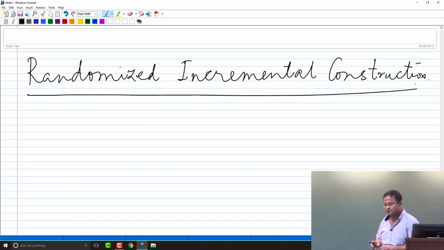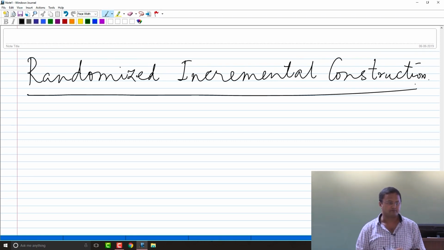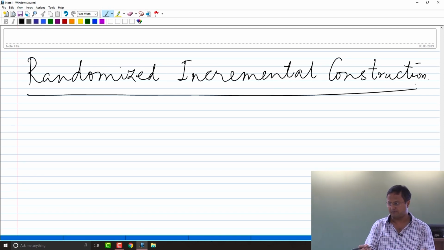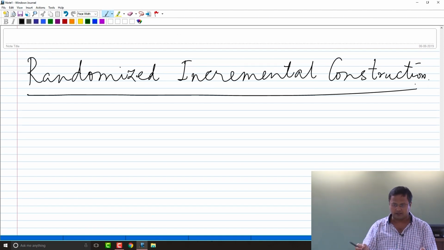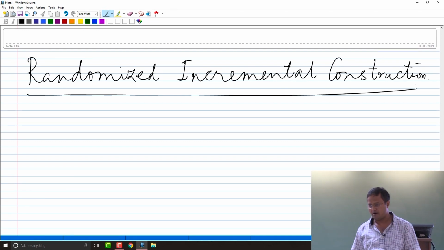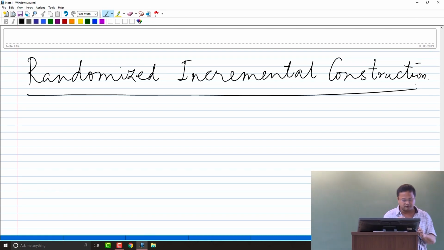Okay. So, the algorithm structure is very simple. What I do is, I start with 2 points, say. I start with 2 points, keeping them on the diameter, I form a circle. So, randomly permute the point set. So, you have this point set with you.